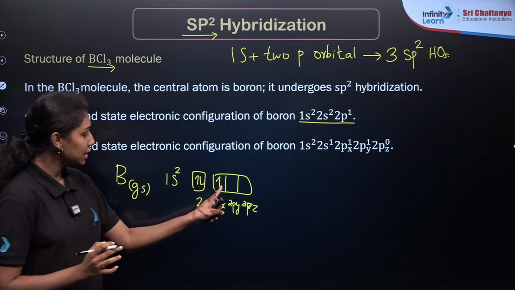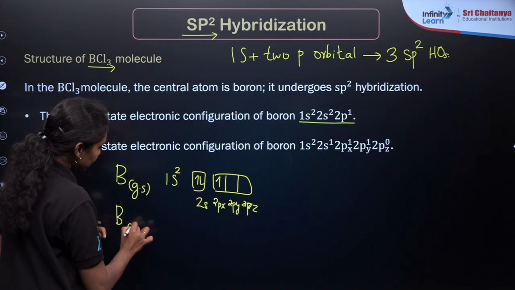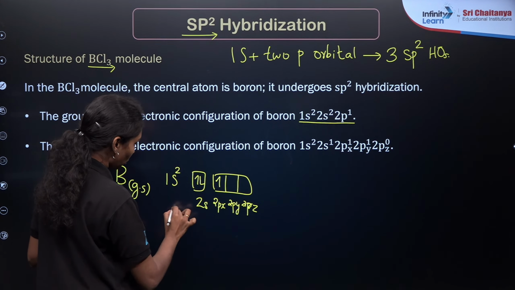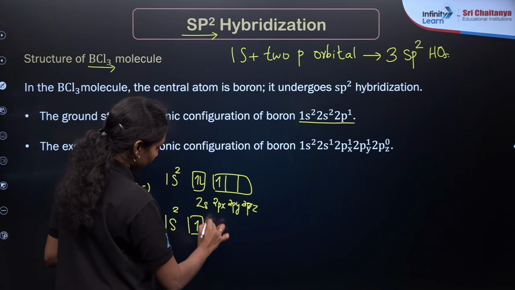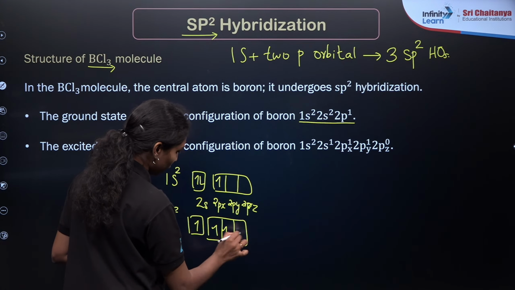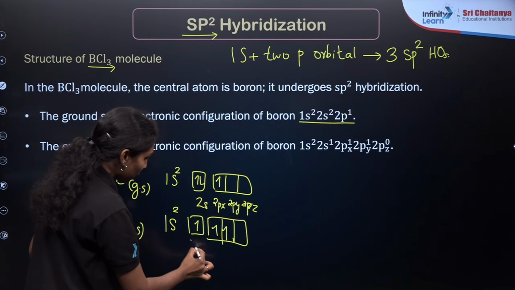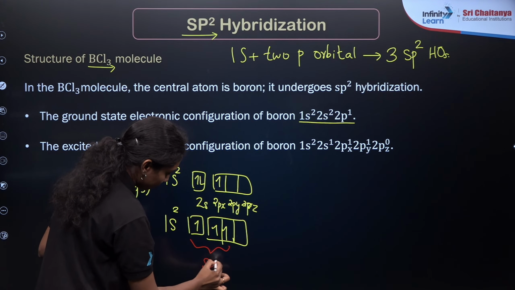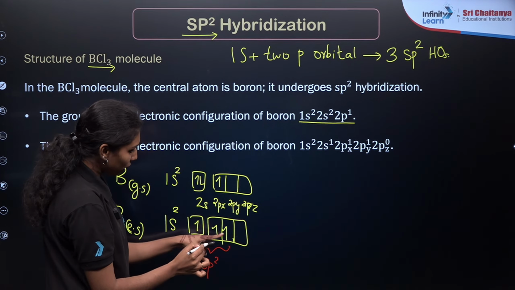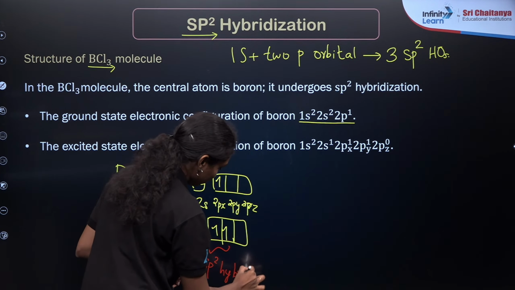We need 2 p orbitals there. So it will undergo excitation, right? During excitation, one of the electrons from the 2s orbital goes to the 2py orbital. Then the remaining electrons are present in 2px and 2py, and the 2pz is empty here. So totally they form 3 sp2 hybrid orbitals: one 2s orbital and 2 p orbitals, that is the px orbital and py orbital. So it will undergo sp2 hybridization.